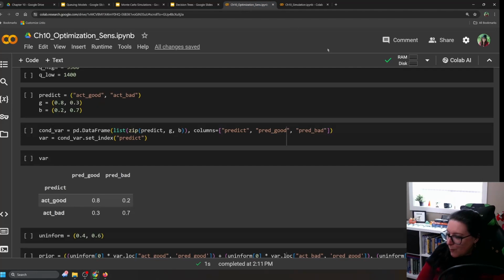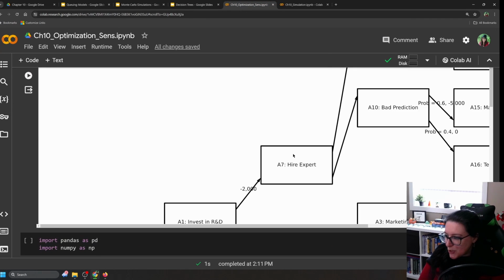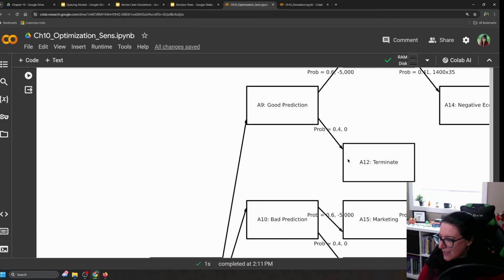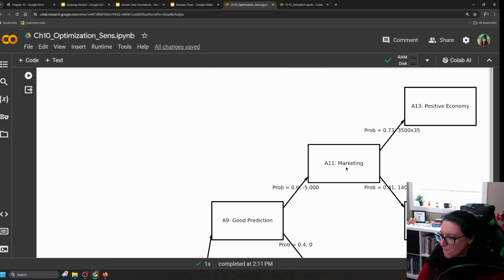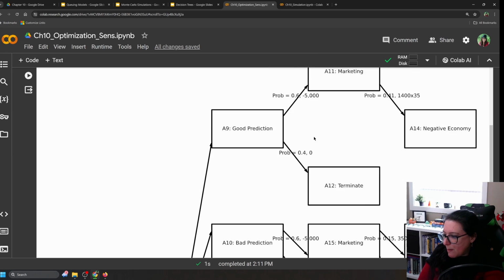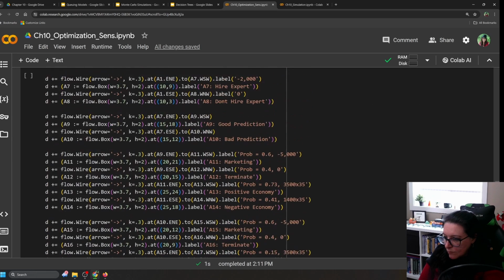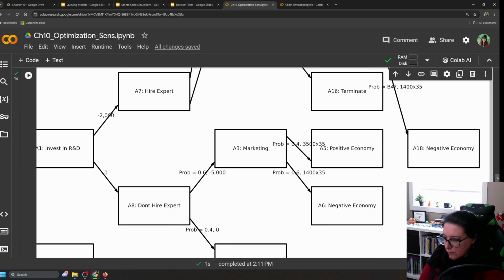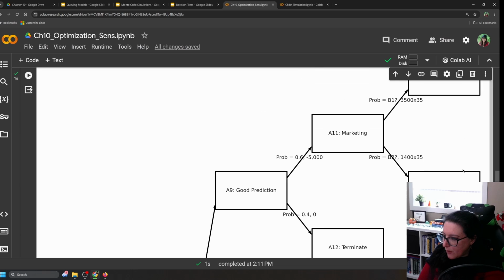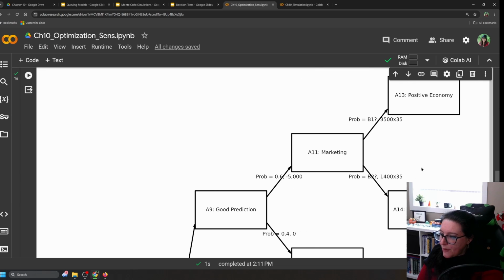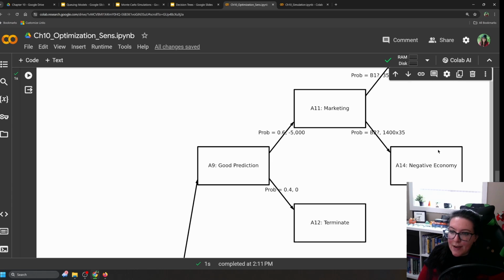Because the part that we didn't see when we zoomed into the decision tree is, where are my probabilities with my question marks? There we go. Okay, so what we have here are the good predictions. What we're missing are the probabilities of a positive economy and a negative economy.